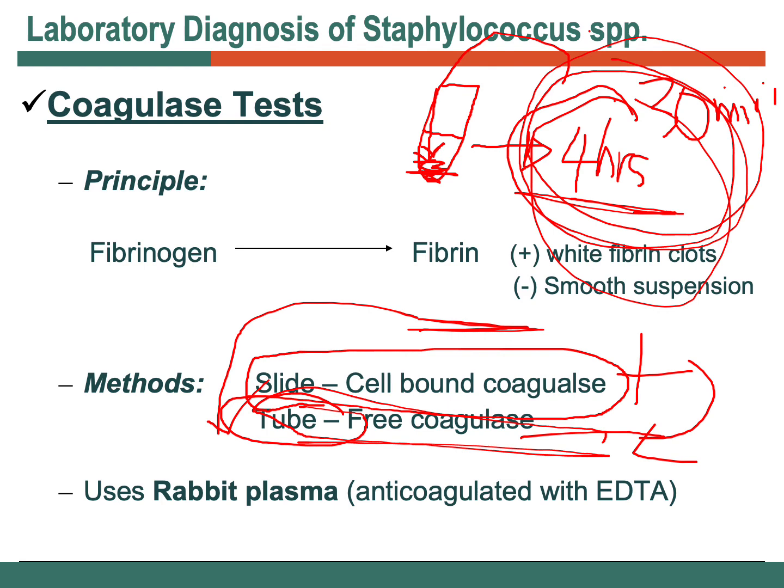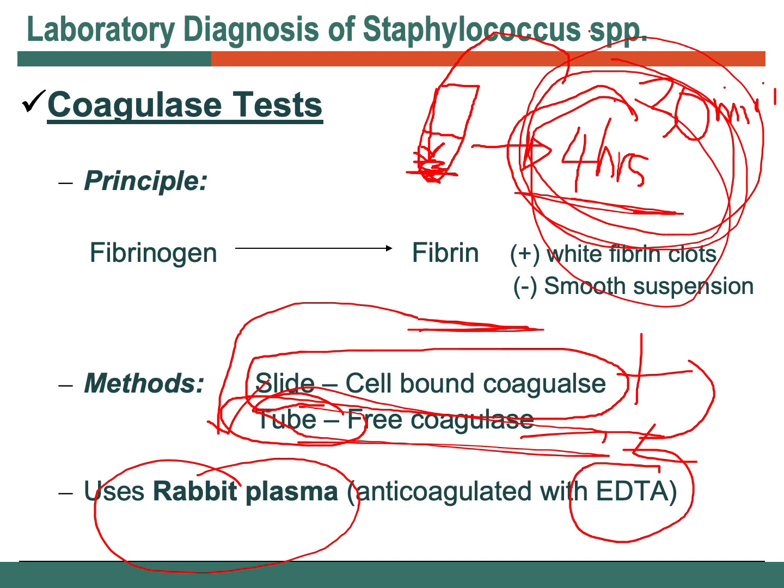Always use rabbit plasma as the source of plasma, because this has less antibody present, which can cause erroneous results. But if ever rabbit plasma is not available, we can always use human plasma, but make sure the anticoagulant used for that plasma is EDTA.